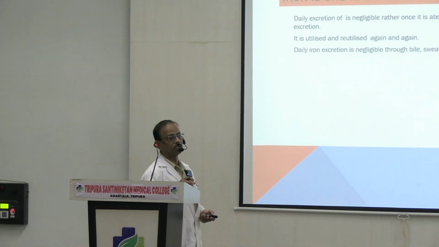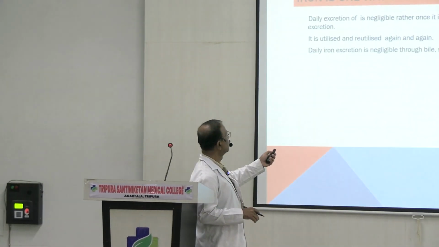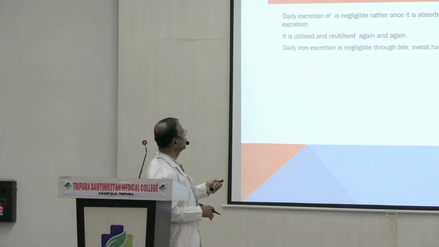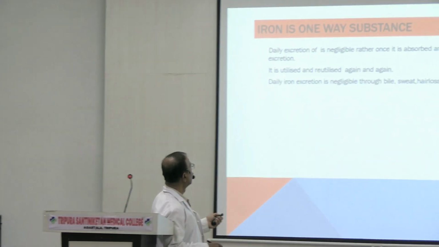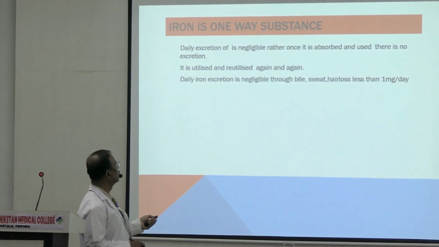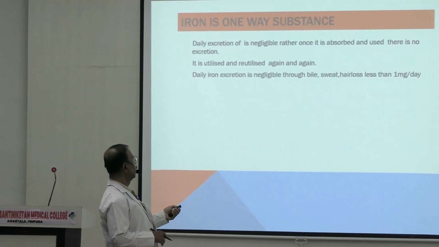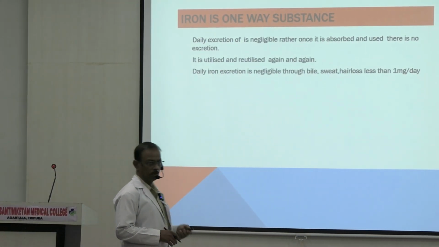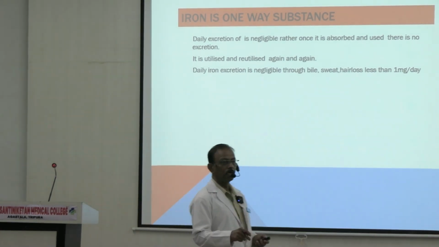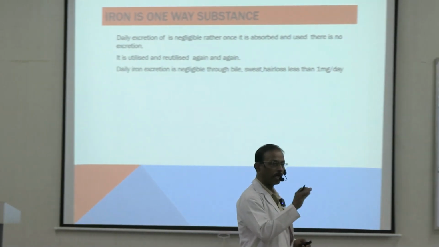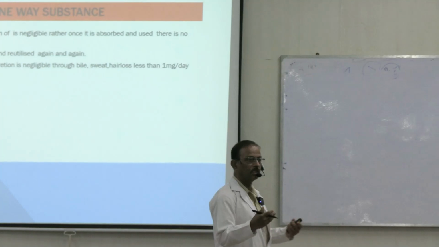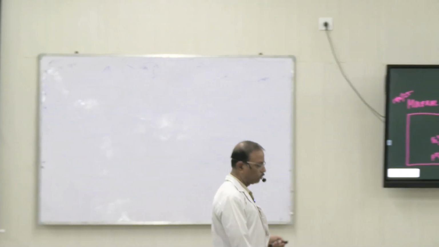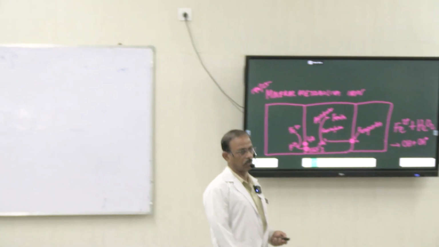However, some very negligible amount is excreted in the sweat, hair loss and bile. It is not a mechanism of excretion of the iron. It is because it is a normal phenomenon, the sweat will come, iron comes out.